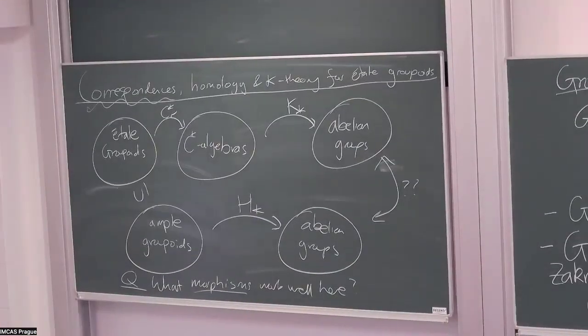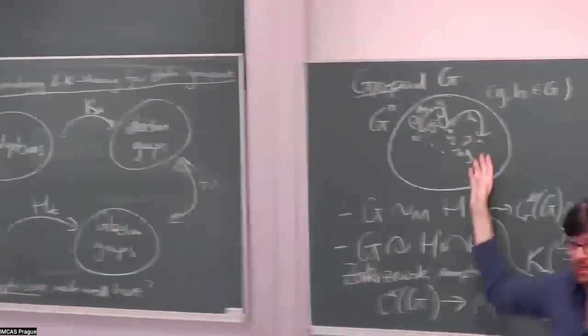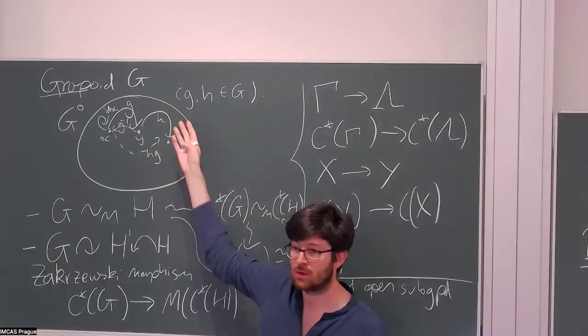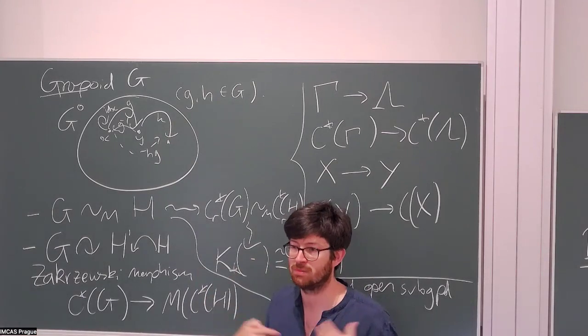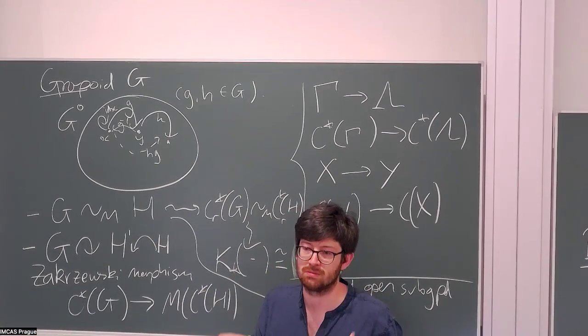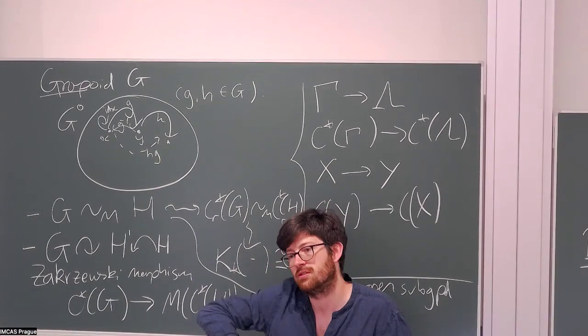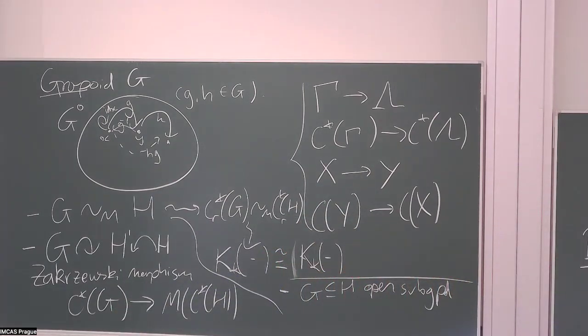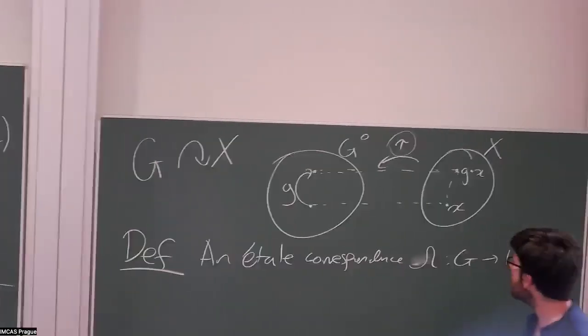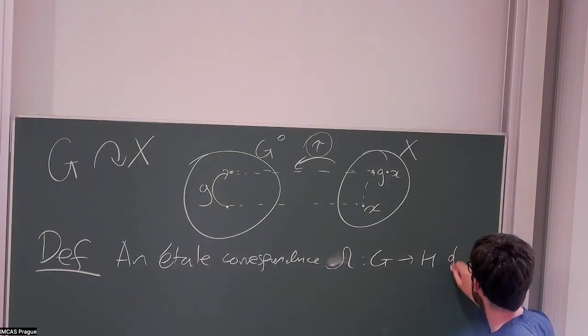So I only have to worry about the topology of G naught. Technically, it means that this range map that takes me from an element g to its source, or its range equivalently, is a local homeomorphism. All that's telling me is that the topology on the arrow space can be recovered from the topology on the unit space. So the group direction is discrete. So I'm working with étale groupoids.